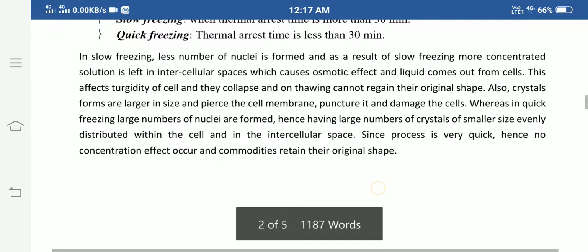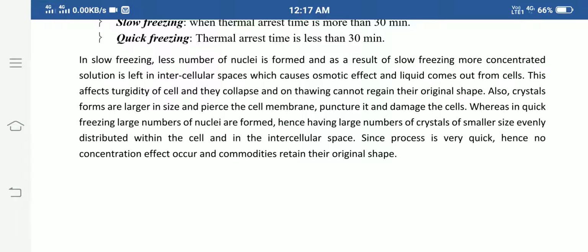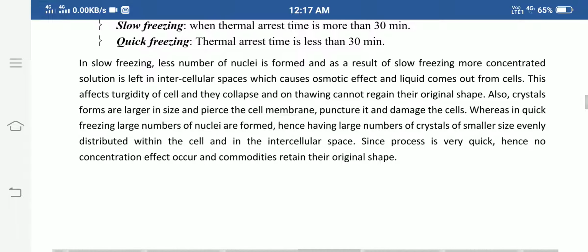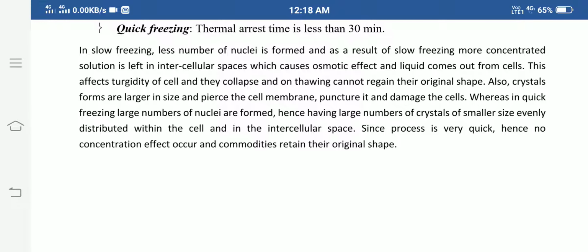Now, why is it difficult to regain the product's original shape after slow freezing? Because fewer nuclei attract more water, and more cells are frozen around small nuclei, and during the thawing process, rupture of the cells can occur.